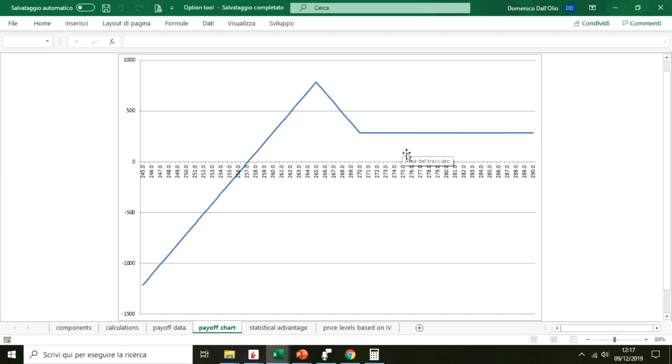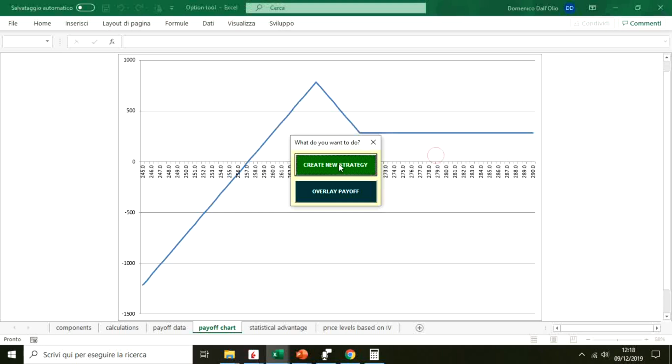Here we have to invert the strategy, and in order to maintain a profit on the upside of the strategy, we need to change the distance between the short sold and the purchased strike prices and to change the ratio of the spread. Let's try and do something like this.